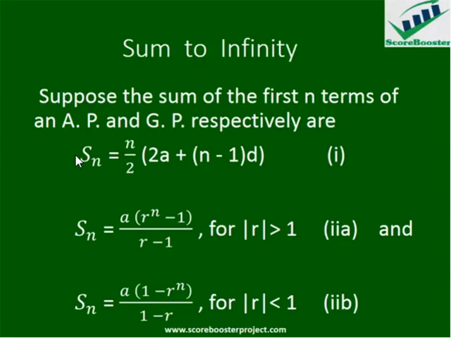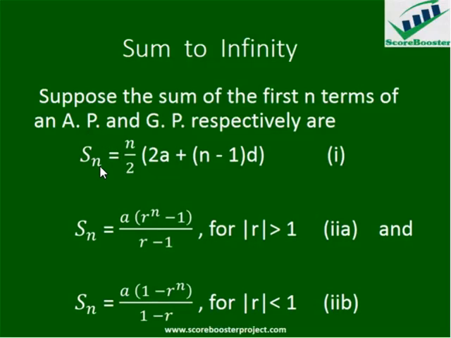So now let's increase the value of n to 7. So we have S7 equals 7 over 2 into 2 multiplied by 2 plus 7 minus 1 multiplied by 4. If that is evaluated, we have 98. We can see that when we increase the value of n from 4 to 7, the value of Sn increases from 32 to 98.